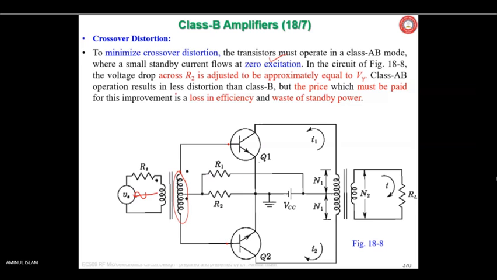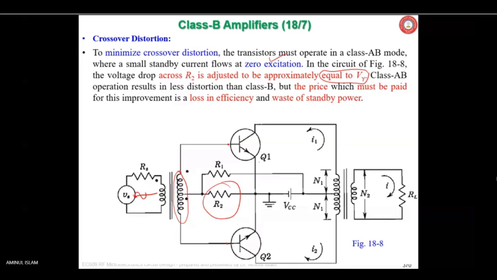In the circuit shown here, the voltage drop across R2 is adjusted to be approximately equal to V gamma. This is the cut-in voltage. The class AB operation results in less distortion than class B, but the price which must be paid for this improvement is a loss in efficiency and wastage of standby power. That is obvious.